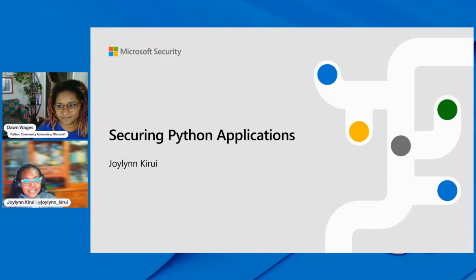Most people think of security teams as showstoppers, because in most cases we've done security wrong, where it's developers against security folks. Right now we want to say it's developers and security. We all have a stake in the security journey. Today we're going to practically learn how you can secure your Python applications.